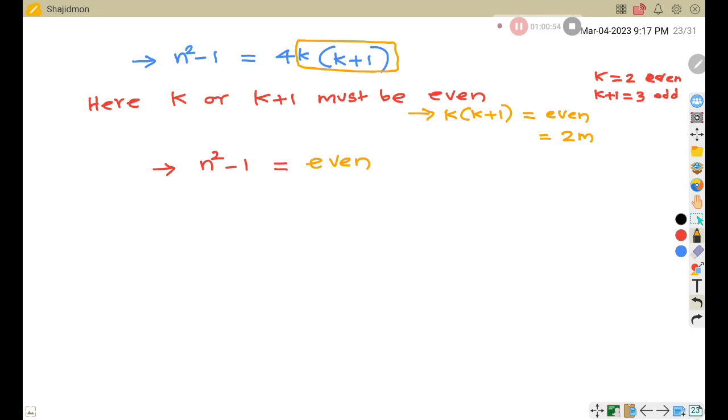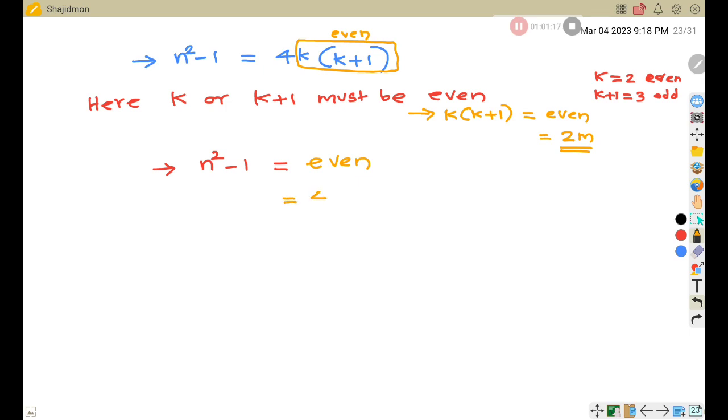So this logic is very clear. 4 multiply k multiply (k plus 1) should be an even number, means 4 multiply k multiply (k plus 1) is also an even number, correct. That means what we got, actually an even number, we have taken as 2m. So how to write that one?